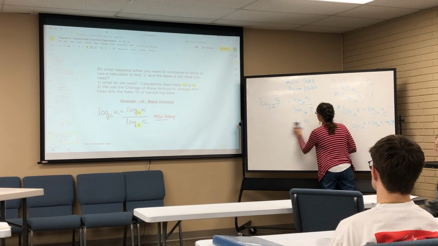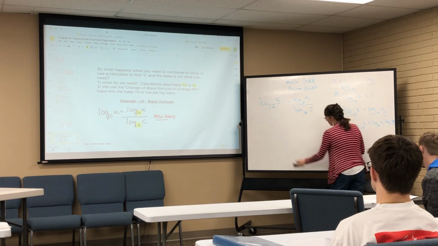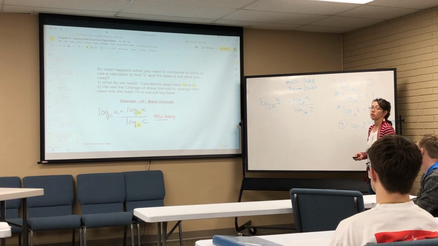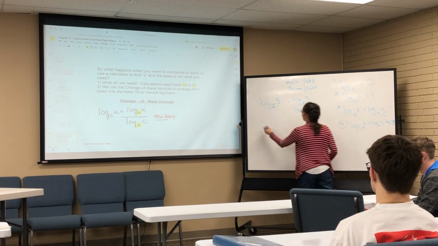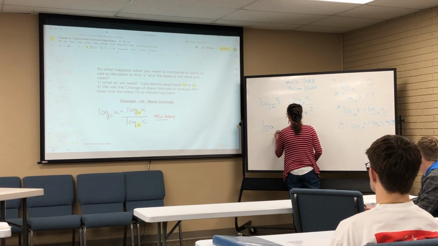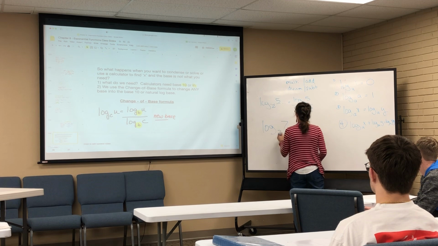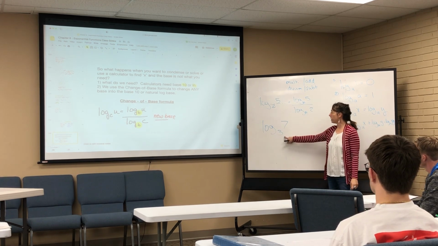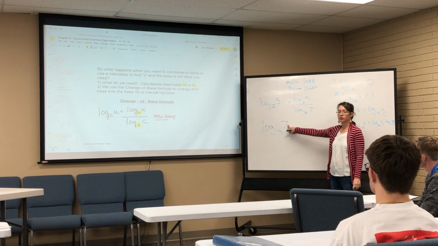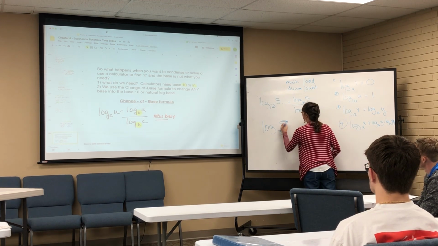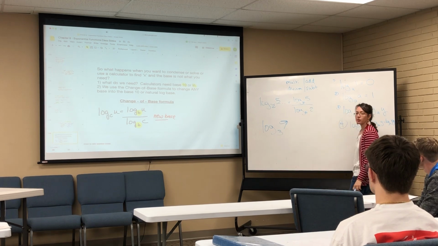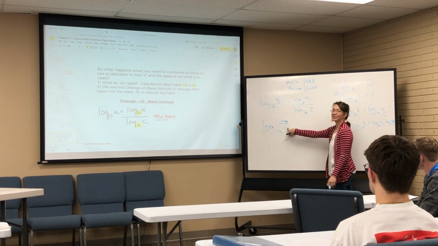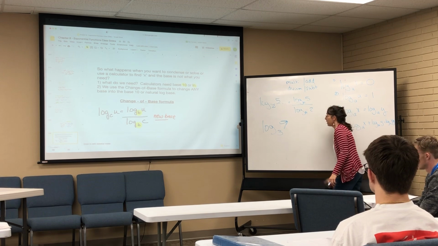This one is extremely valuable when you're wanting to use your calculator to find an answer. If I say, find the answer for that, well, is there any number that you can raise 3 to that will get you 7? No. Now, if I had log 3 of 9, you would know, oh, 3 squared is 9. This has the answer of 2.